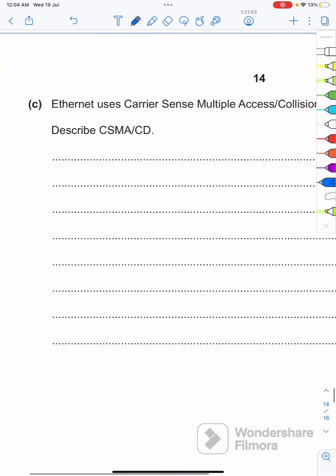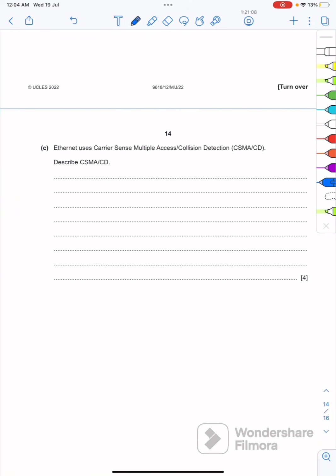So the entire premise behind how carrier sense multiple access works is you've got a workstation that listens to a communication channel, and the data is basically only sent when the channel is free. Now at the same time, there are multiple workstations connected to a single channel, so they might send data at the same time. In that case, a collision might occur.